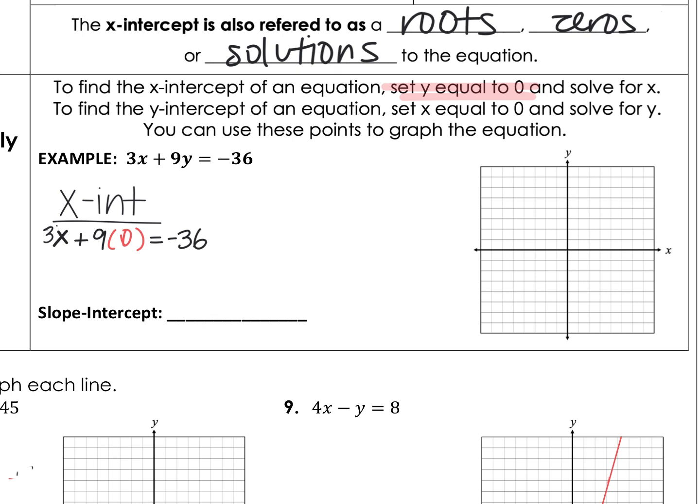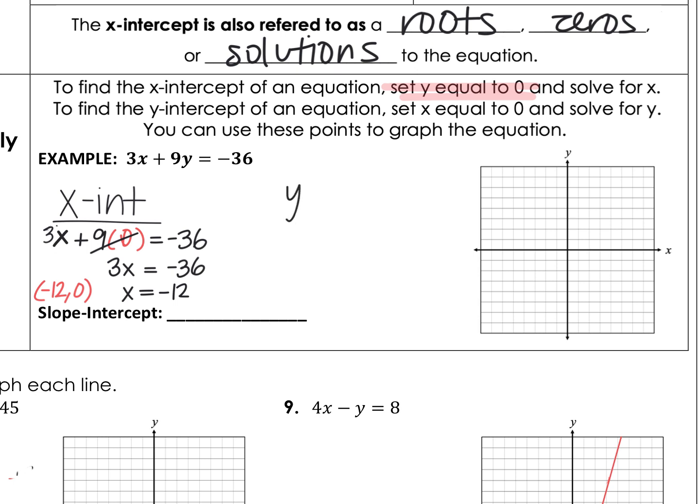Okay. 9 times 0, what's that? 0, so it dies. So it's 3x equals negative 36. And if you divide by 3, you get a nice integer. It's negative 12. Okay, which is great, except the whole point of this was to get a point. And so that is the point, because you plugged in 0 for y: (-12, 0). Because there is 0 in the y spot, and then you found the x.